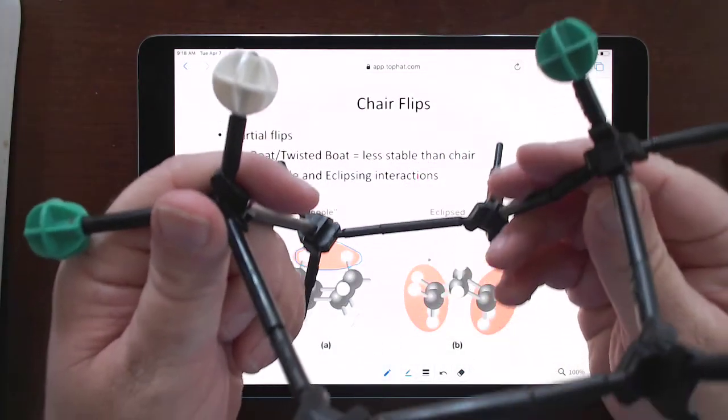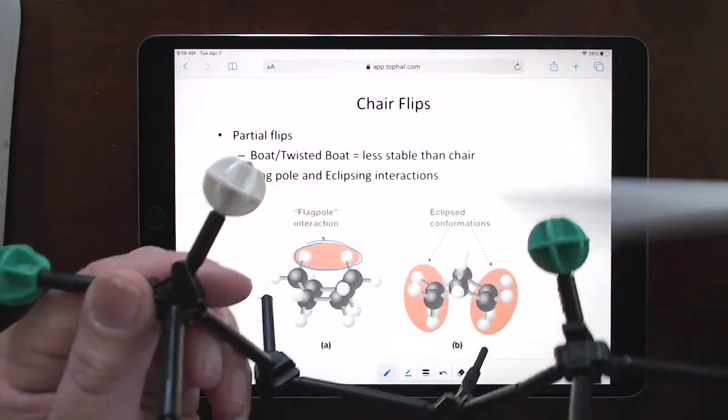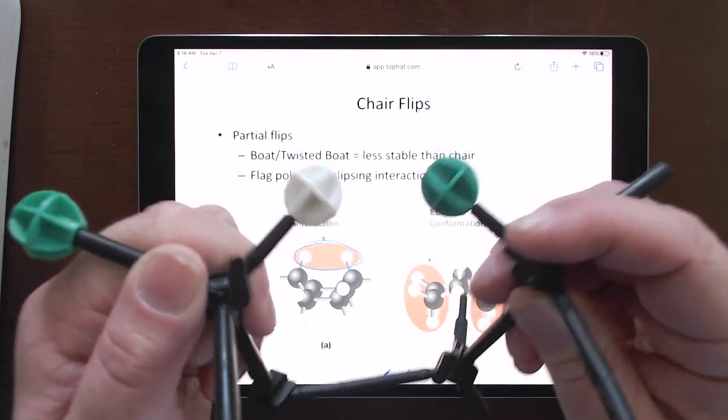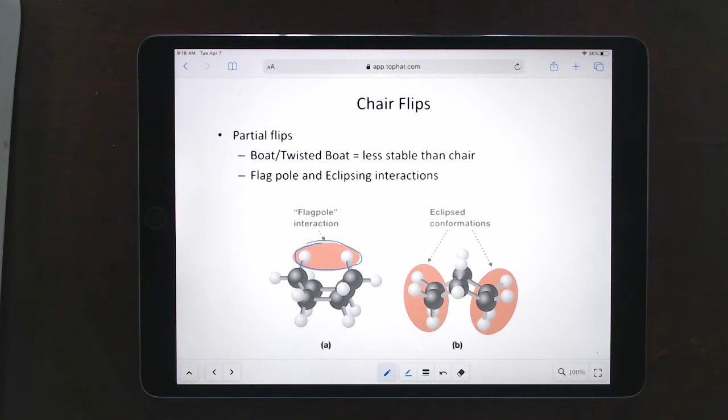If you get what's called a boat structure, because it looks like a little paper boat, what can happen is when it's in the structure, you can get these two guys knocking heads. So if there's ever a question about which one of these configurations or conformations is most stable, you can automatically get rid of any of the boat structures, because that is never going to be the most stable.